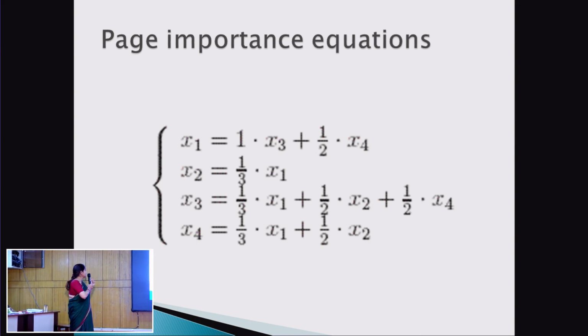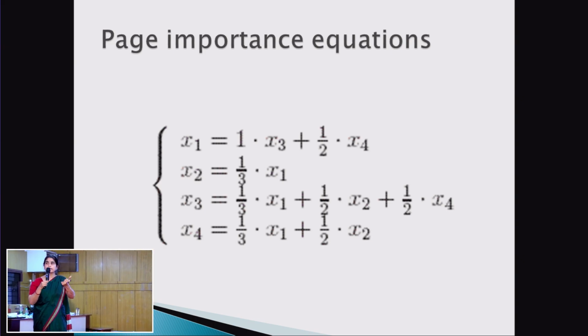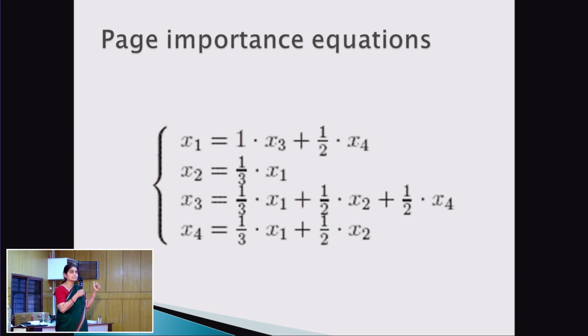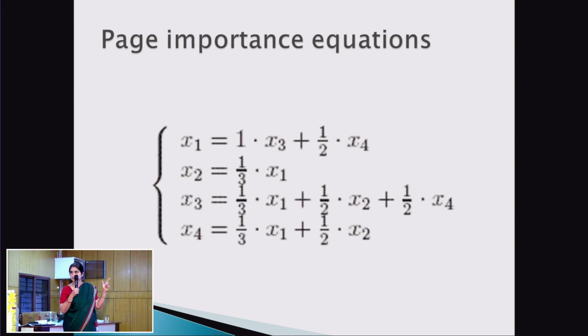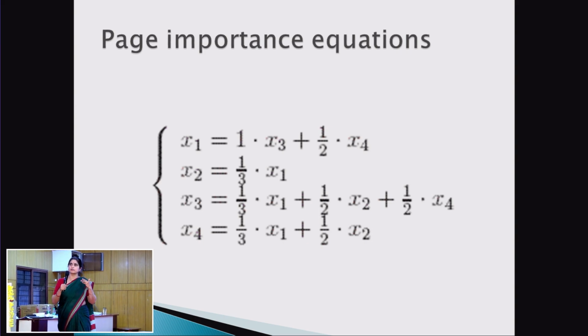But 3 was such that it didn't have any hyperlink to any other, so it gave all its importance to x1. Whereas 4 recommended 2 websites, so from 4, website 1 gets only half the importance. You see how you got the importance equations? So you get these 4 equations.